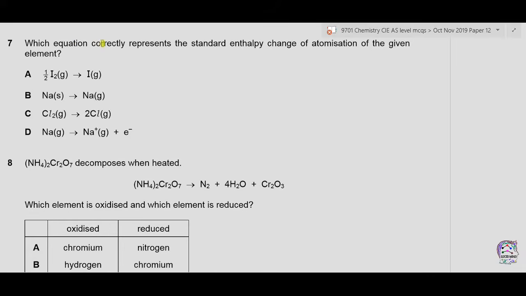Question 7. Which equation correctly represents the standard enthalpy change of atomization of the given element? Now you have to remember the definition of enthalpy change of atomization. In this, 1 mole of gaseous atoms is formed from the element in its standard state.